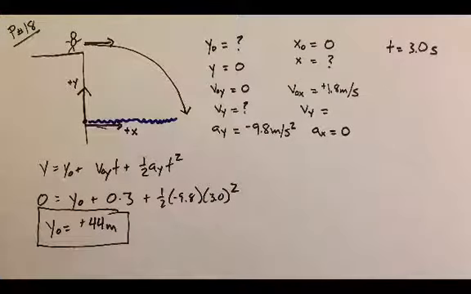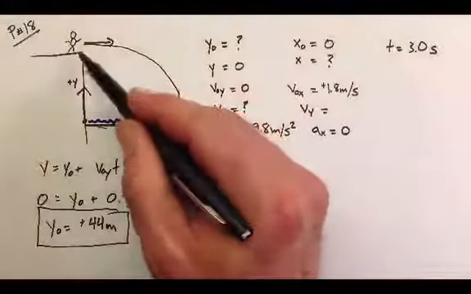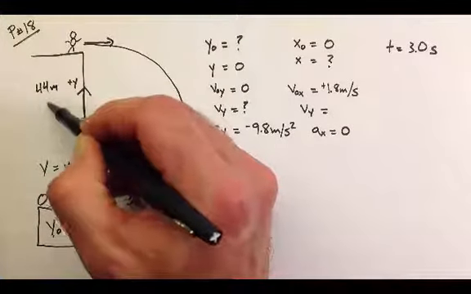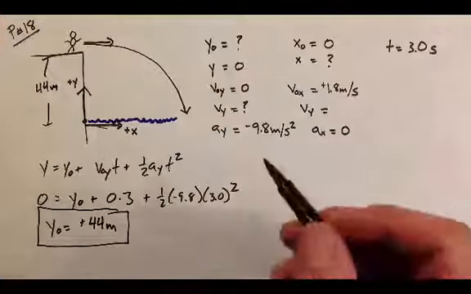All right? Not too bad. Part B. And that's how high up he starts. So this is 44 meters here. Right? Okay. The second part says how far does the diver end out up here?